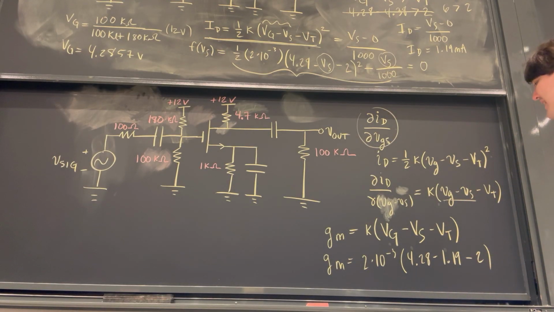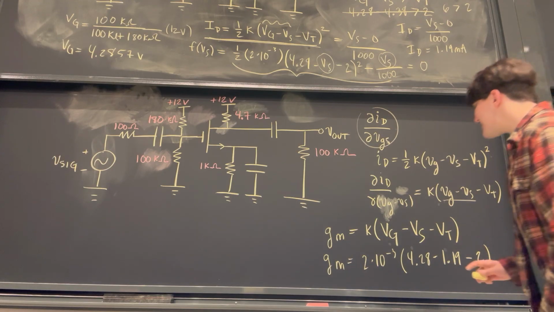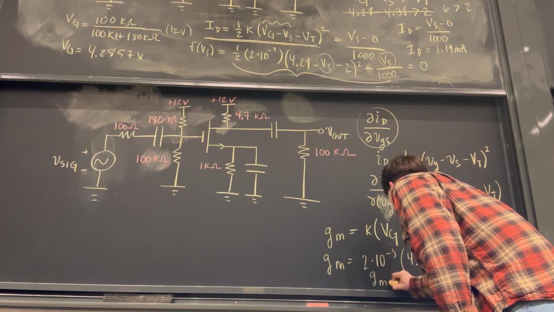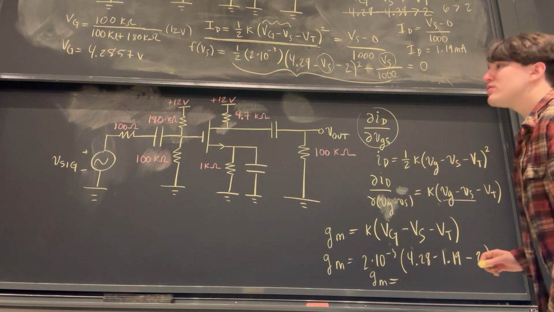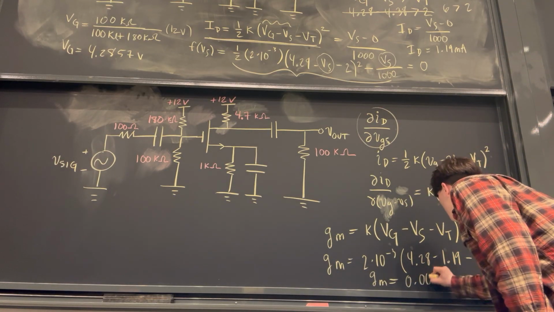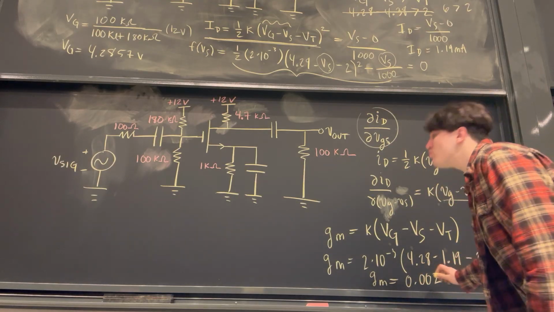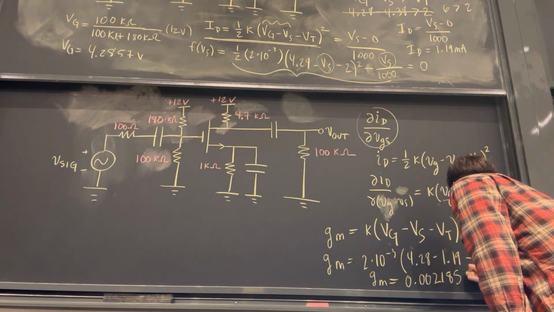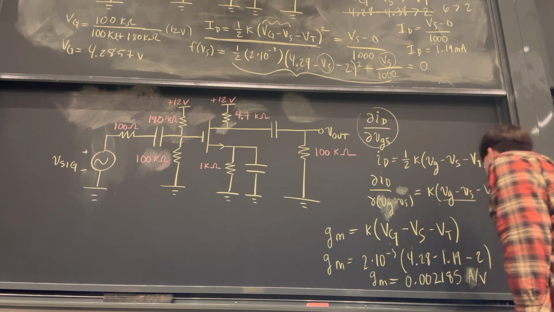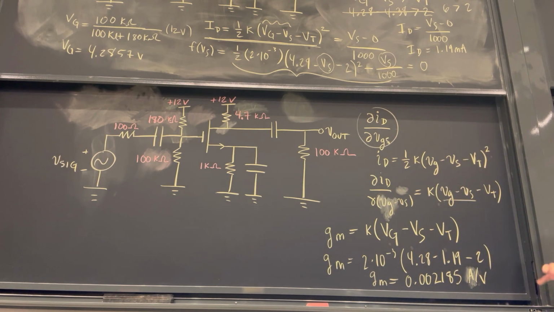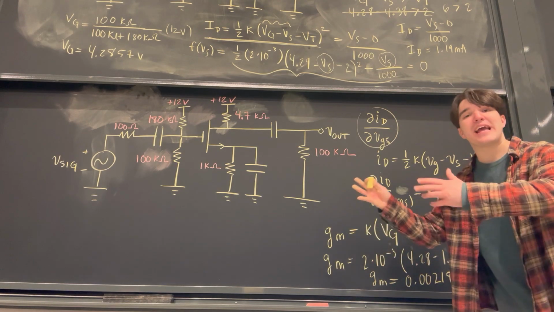So if we just go ahead and do that, we find that the transconductance GM is going to be 0.002185. This is going to be amperes per volt. It's a conductance, so it's the opposite of volts per amp. It's amps per volt. That is an important parameter which you're then going to incorporate into the AC version of the circuit.